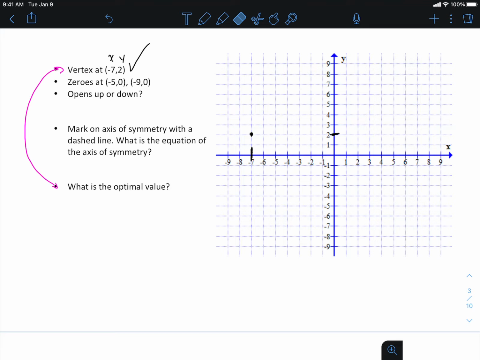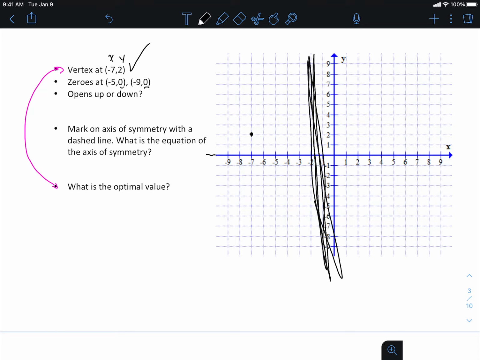Then where are the zeros? The zeros are, again, just points. They're called zeros because the y values are zero. That means your height up and down is 0, so you're right along the x-axis. So you just go plot those points. -5, 0 is one.